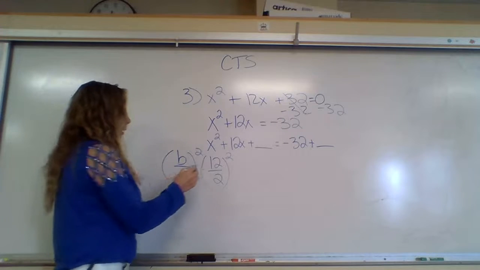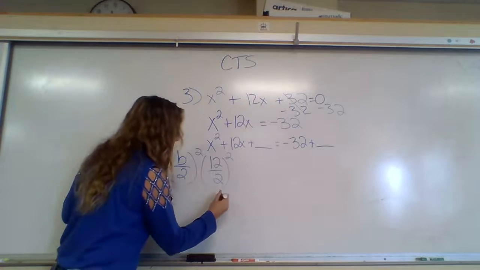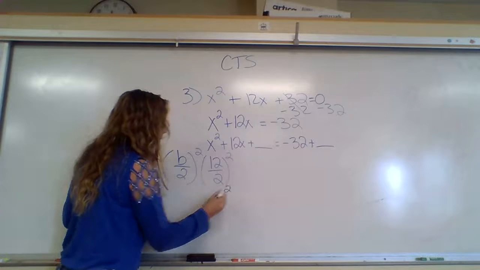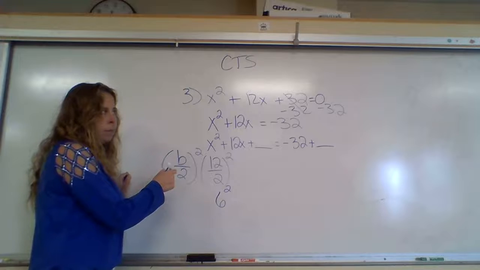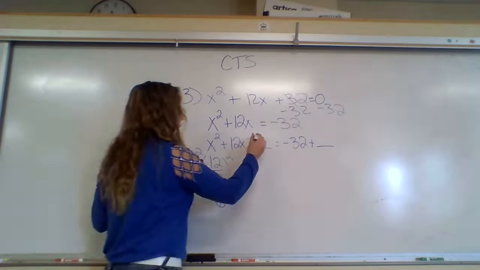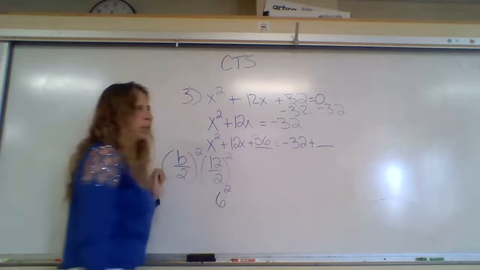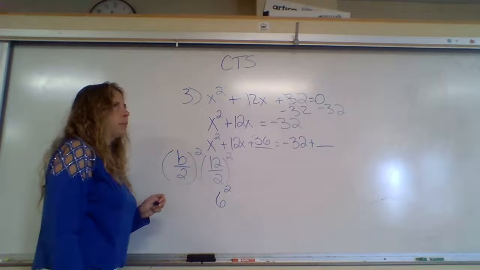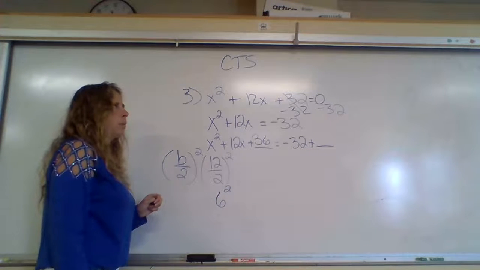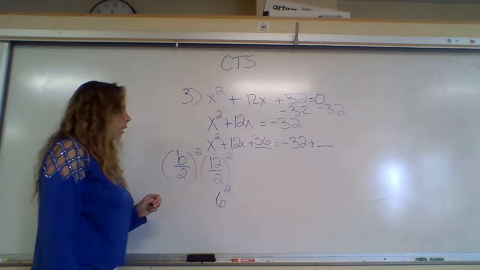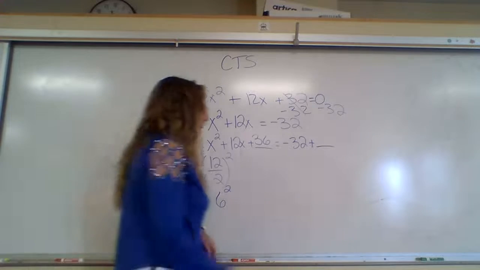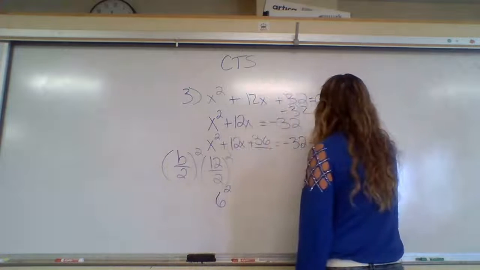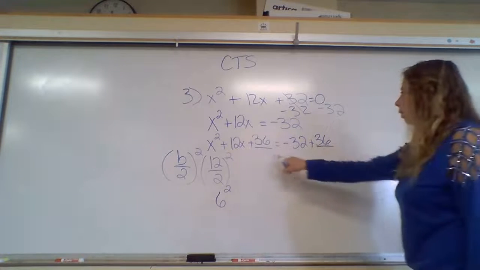Okay, so you get 12 divided by 2 is 6. 6 squared, which is 6 times 6, which is 36. That's a lot. So make sure you add it on to both sides.